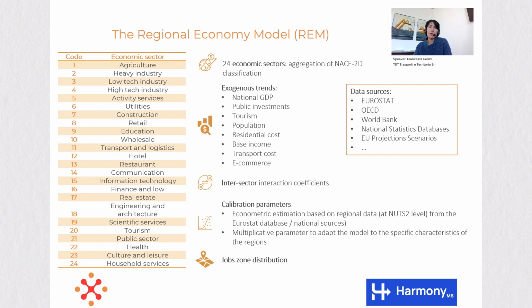And on the other hand, multiplicative parameters have been estimated to adapt the model to the specific characteristics of the regions. Finally, the jobs distribution by zone is estimated with exogenous shares, which could be modified to simulate relocation of economic activities.